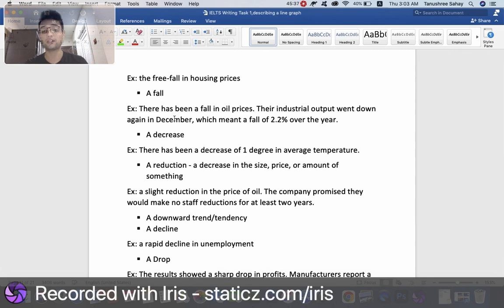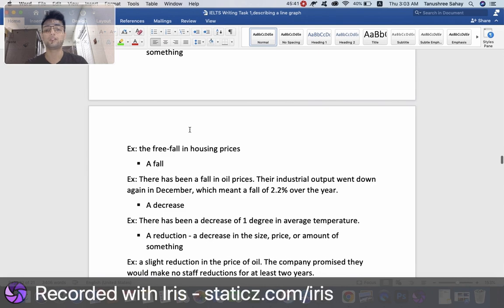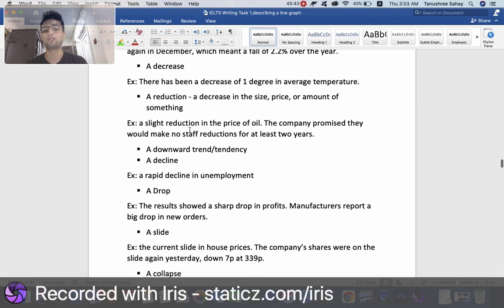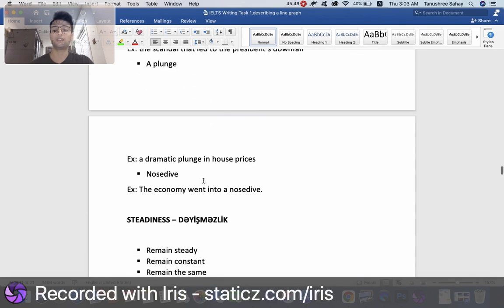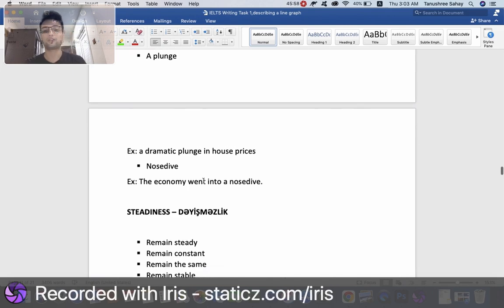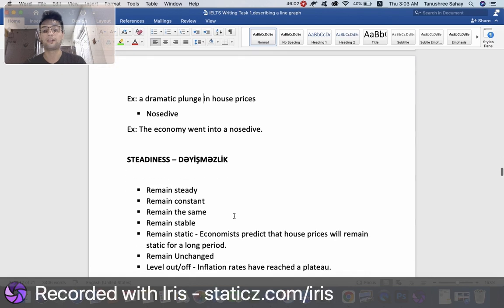You can use as many alternatives as you can, like free fall: a fall, decrease, reduction, downward trend or tendency, a decline, drop, a slide, collapse, downfall, a plunge, anything that you can. Each word here has its own explanation in a sentence, and I'm going to make the other video on the whiteboard showing how they move and how you can use them.